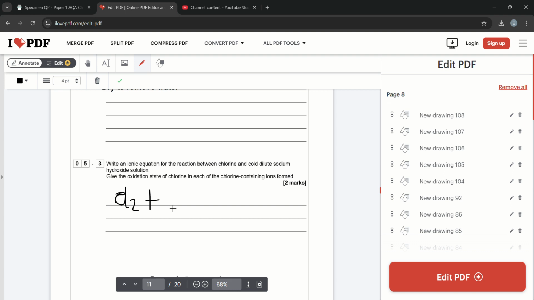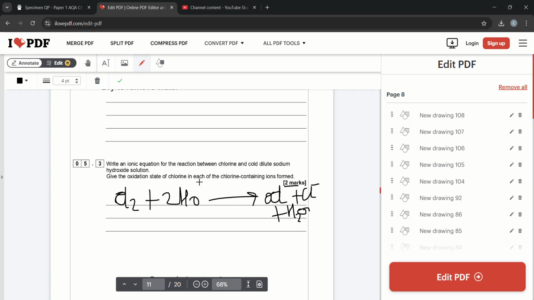Ionic equation: Cl2 plus 2OH minus gives OCl minus plus Cl minus plus H2O.